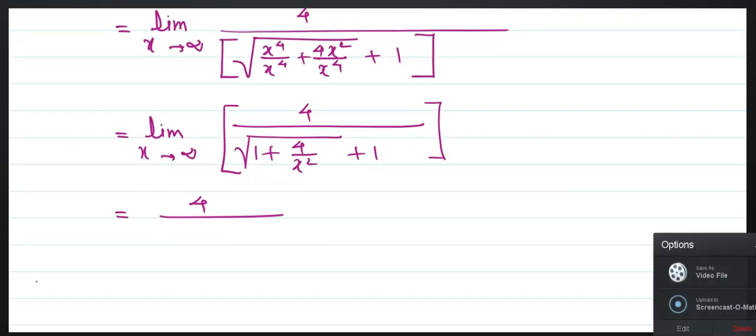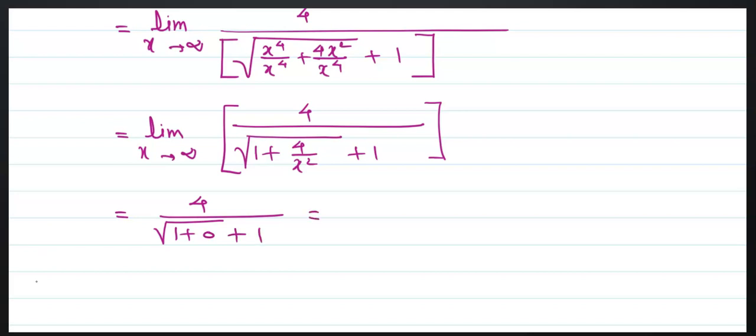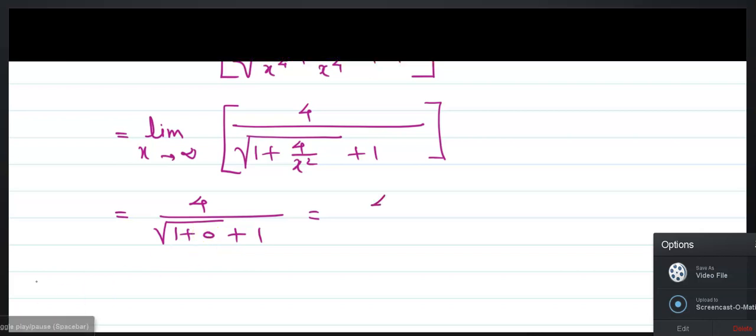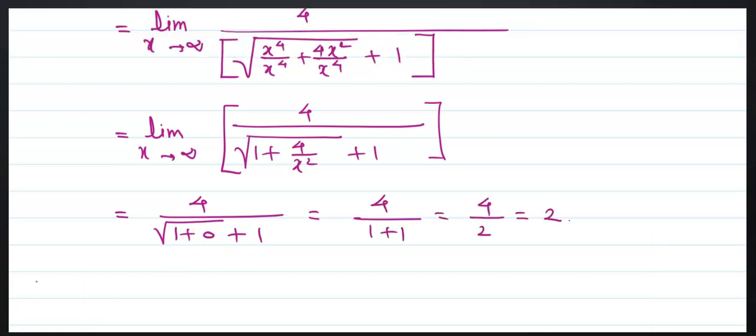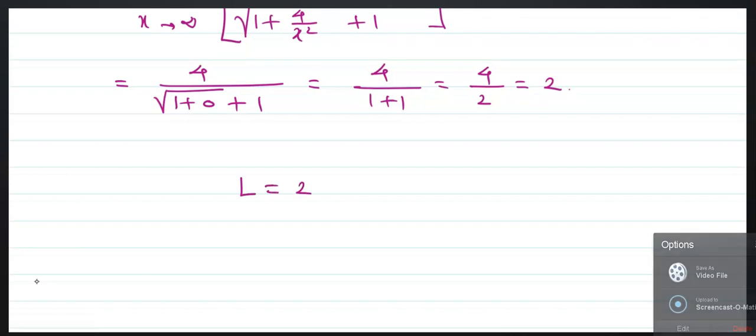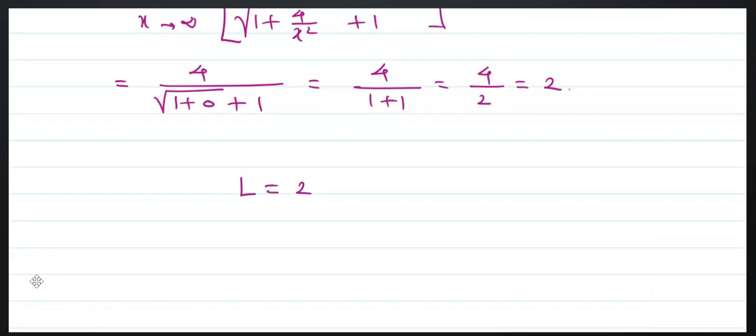Now the value of this limit: as x tends to infinity, 4 upon x² will become 0. That is 4 upon 1 + 1, that is 4 upon 2, which equals 2. Therefore the value of this limit is 2.